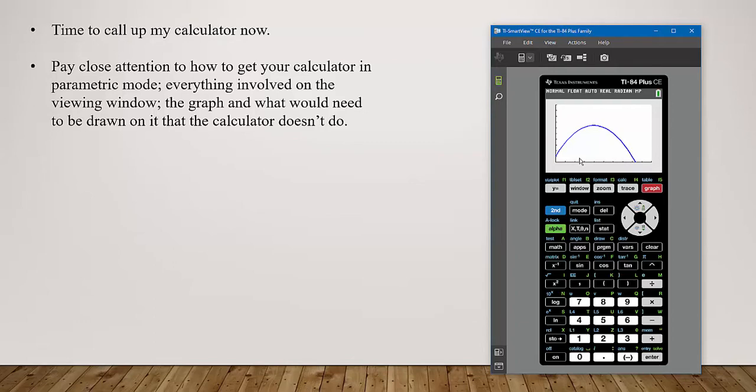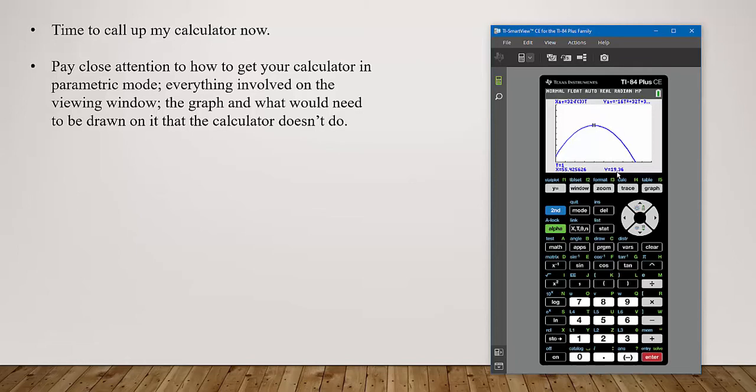One more thing that I'd like to show you here is if you activate the trace button, notice you now have a value for t, x, and y. So let's say I am curious to know where the rocket was after 1 second. So I hit 1, and it's telling me at 1 second, it's 55.425626 feet horizontally away from the table, and it's 19.36 feet above the ground.